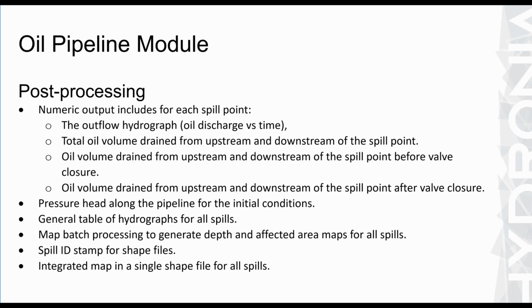The second part of the oil pipeline module is the post-processing, which provides the numeric output for each spill point. That includes the outflow hydrograph, that means the oil flow rate or discharge versus time, the total oil volume drained from upstream and downstream from the spill point, and the oil volume drained from upstream after and before the valve closure, and the volume drained from upstream and downstream after the valve closure.